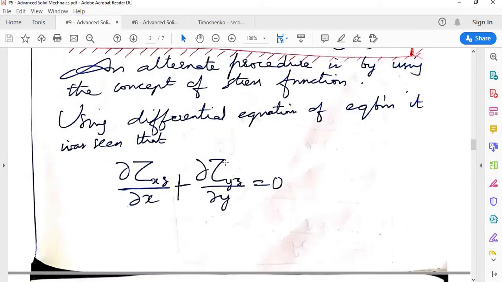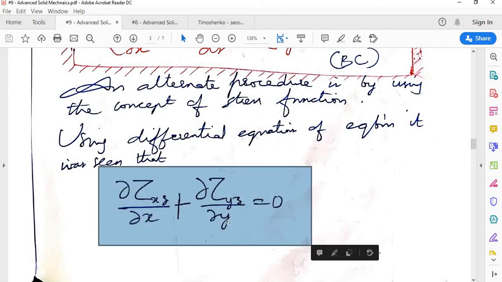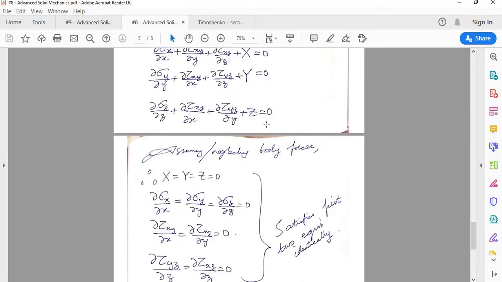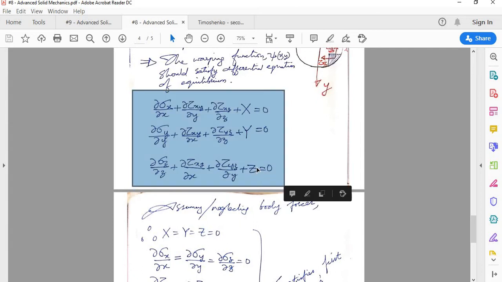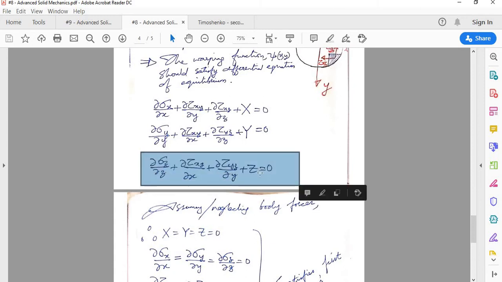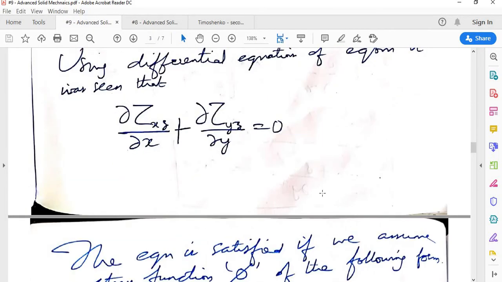For that, let us take this expression, which I think we obtained in the last lecture. In the last lecture we were trying to solve this differential equation of equilibrium, and these two were identically satisfied and only this equation was non-zero, and we got that this plus this equals 0. So I'll start with that expression.